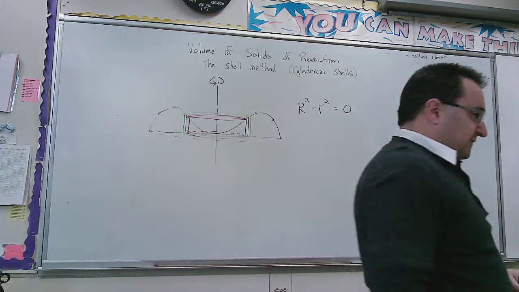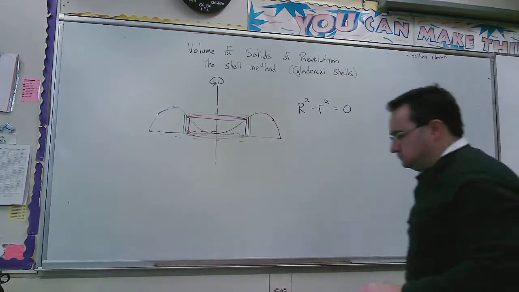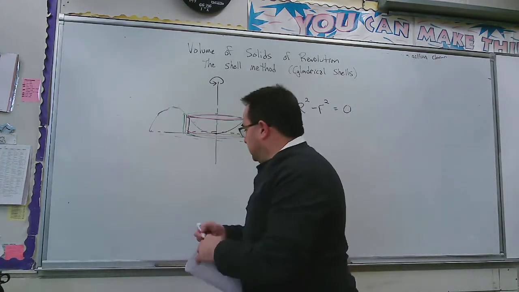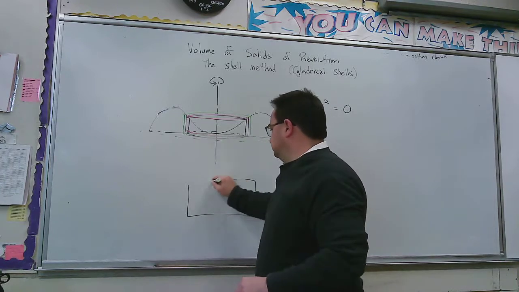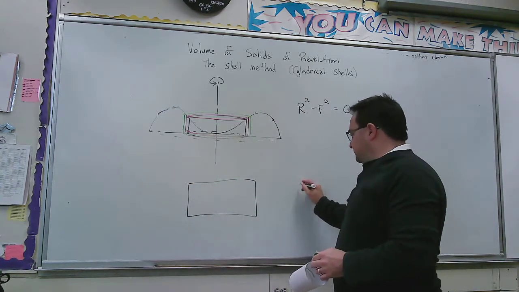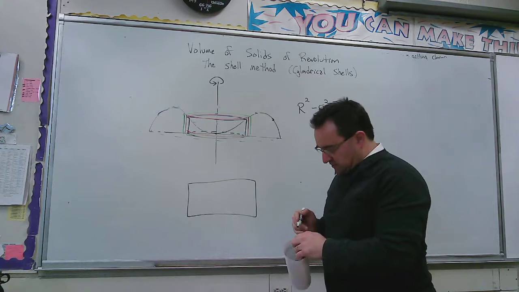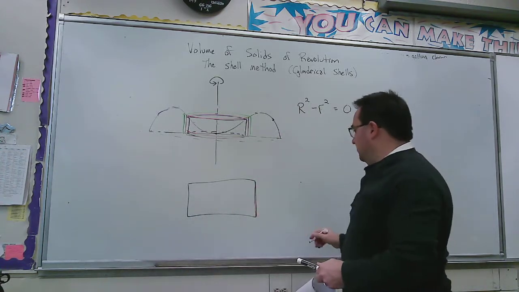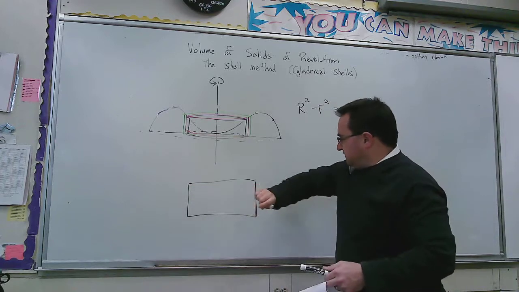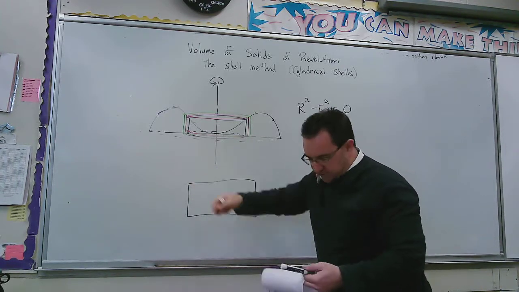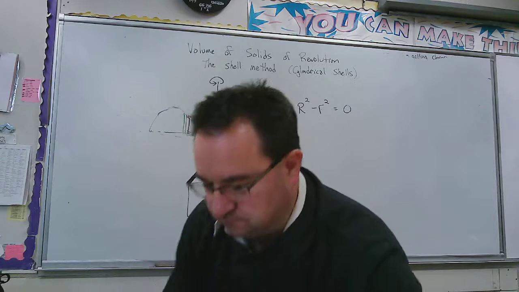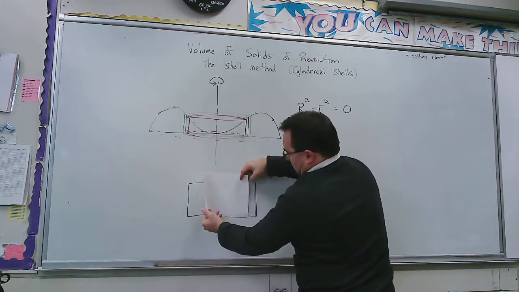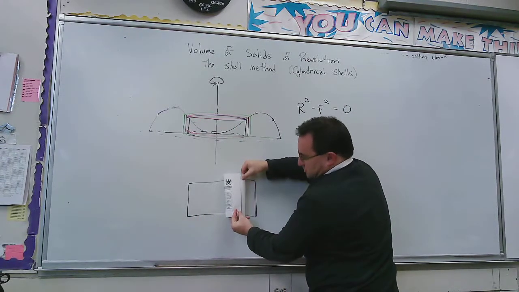Now let's look at that for a minute. Here's a sheet of paper, and let's say I put a mark right here. Let's make this the end. So I'm going to take this end of the paper and curl it around and make a shell.